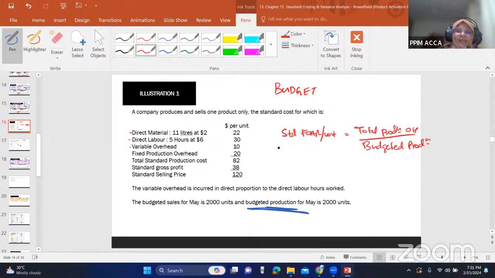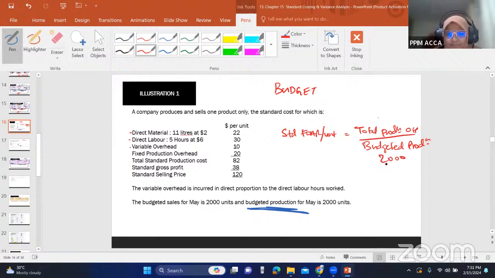Here in our budgeted information, there is no place where they give us the total production overhead like 500,000, 600,000. We don't have it. We only know per unit what the production overhead is. So this figure is not there. Total production overhead is not given. Budgeted production we have.